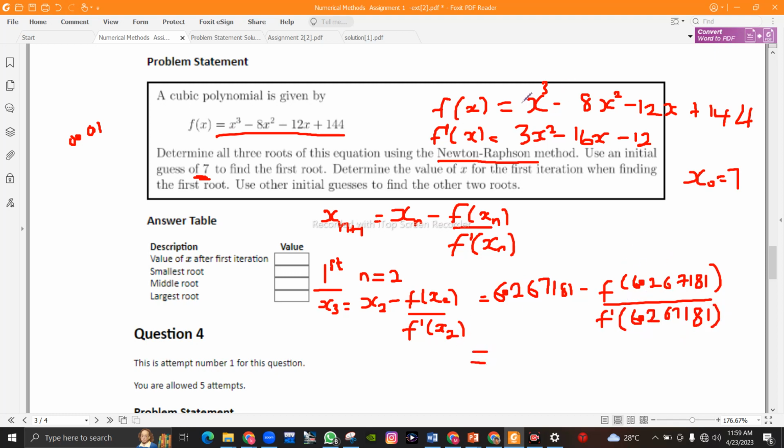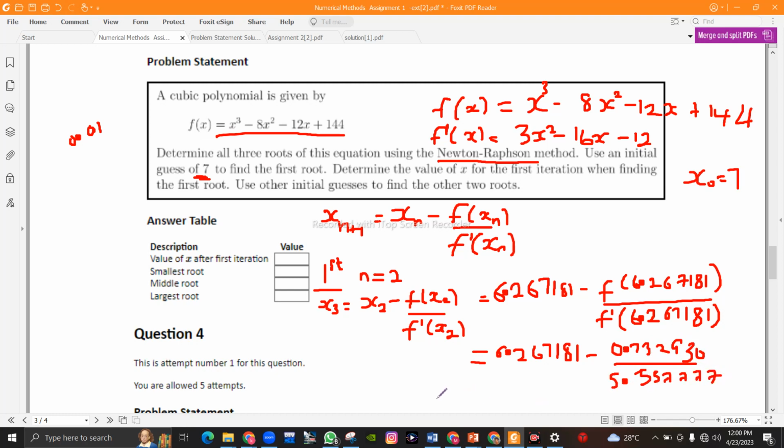So if we take this, put 6.26 inside this function and this inside this function, you're going to get 6.267181 minus, when you put that, you're going to have 0.732930 divided by 5.55777.